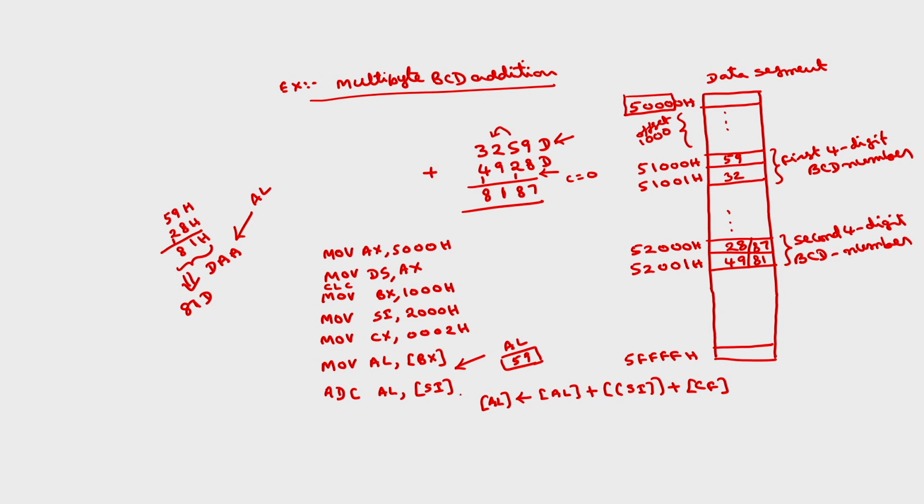So AL is having 59, this will be 28, and because I have cleared the carry flag, this is 0. These three will be added and the result will be stored in AL. So what will be there in AL? This will be 81, because it assumes hexadecimal, but the correct actual decimal result is 87.